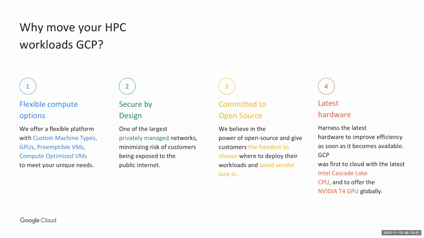We also are a strong proponent of open source. We believe in the power of open source, which gives customers the freedom to choose what their workloads run on, and avoid vendor lock-in. And lastly, we have the latest hardware within our cloud.